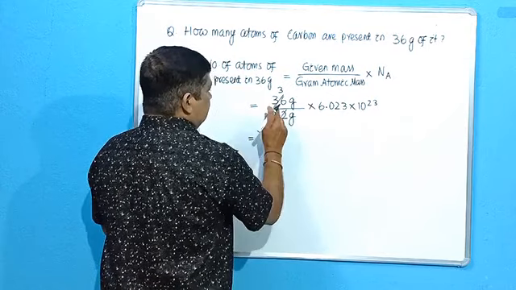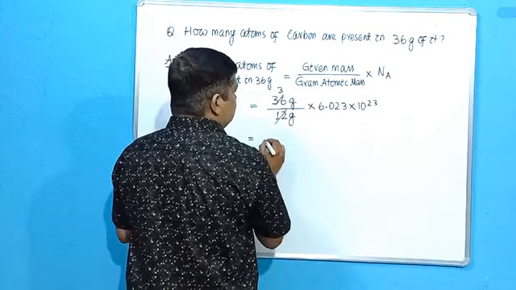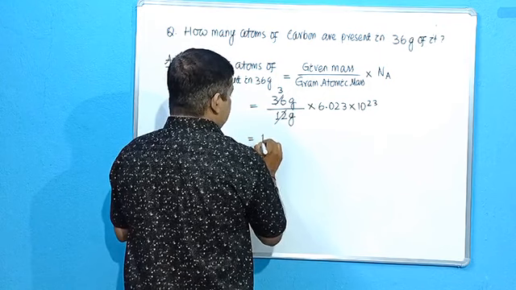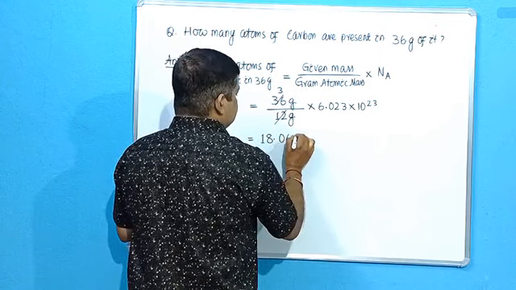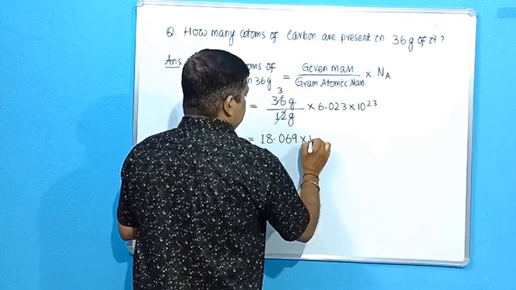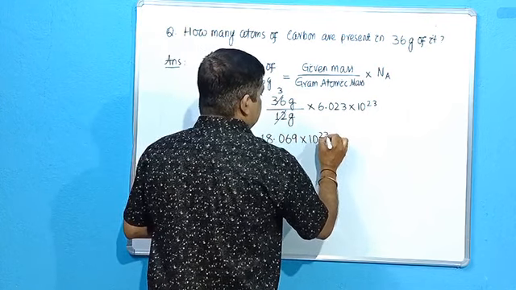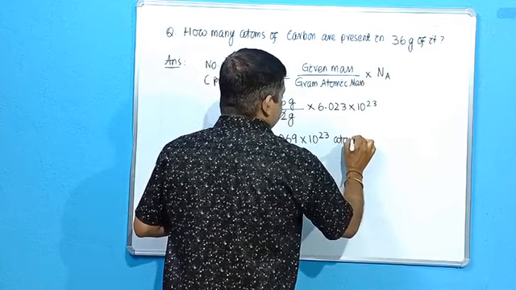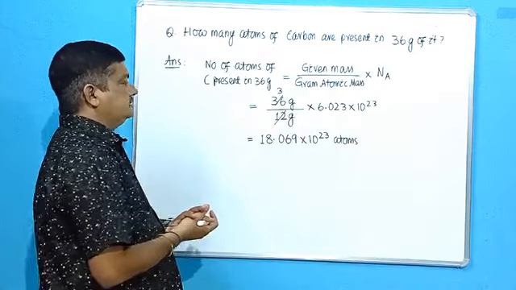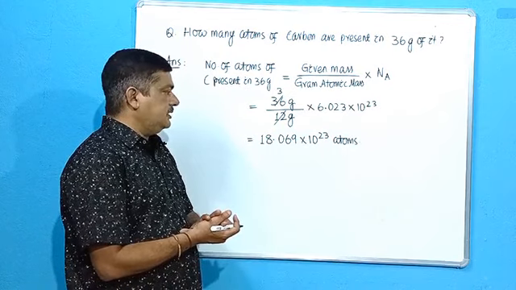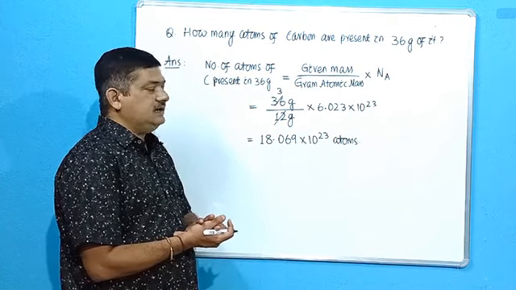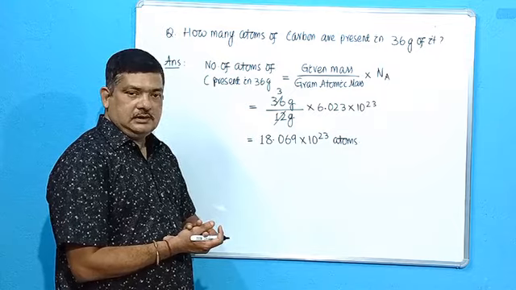So it will be 3 into 6.023, that is 18.069 into 10 to the power 23 atoms. So this is the answer: there will be 18.069 into 10 to the power 23 atoms in 36 gram of carbon.